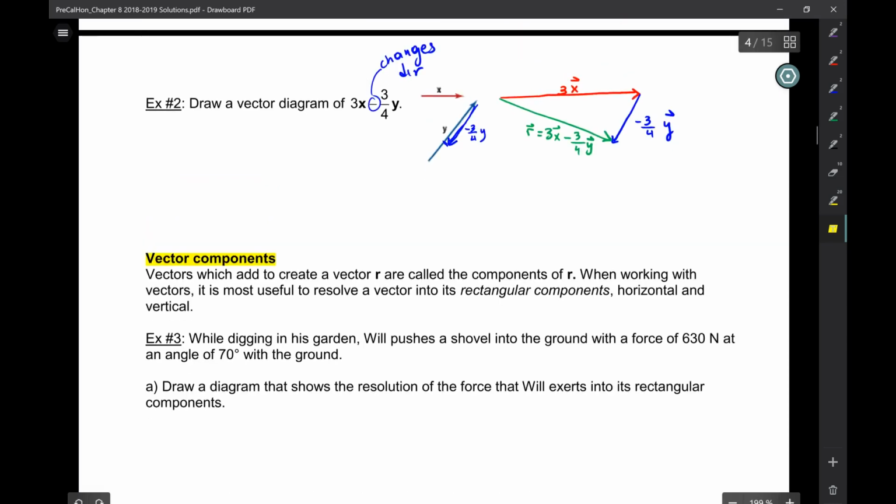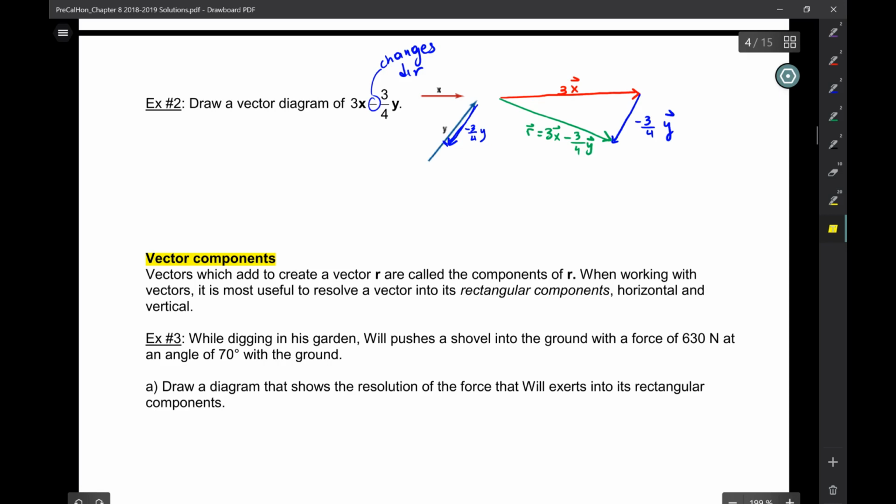So look at this vector r. How did it get created? It was created when we added the red and the blue vectors. So the green came from 2 other vectors. Which means the red and the blue are the components of this green.